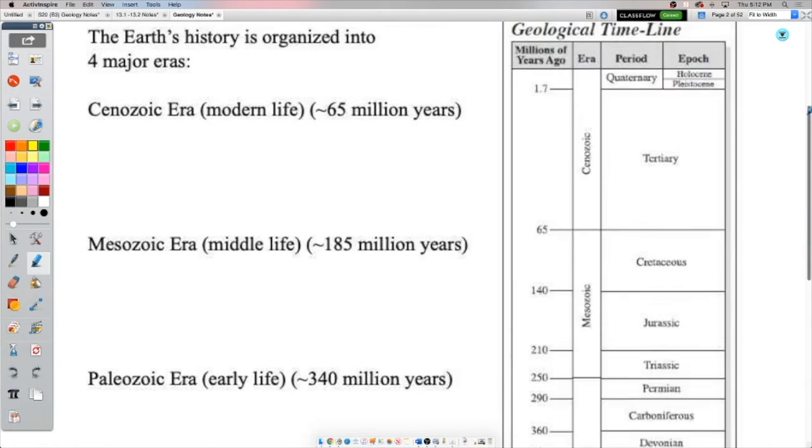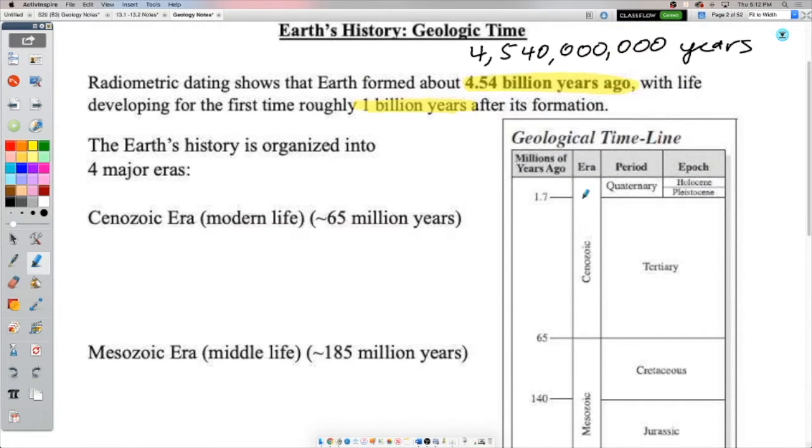So when we chunk these, the 4 eras, we can then split eras up into periods and epochs. However, in Science 20 we mostly just need to know the eras, the big ways of looking at it. So when we look at those 4 different eras, we're essentially looking at 4 different types of life that were popular at the time. So the Cenozoic, modern life.